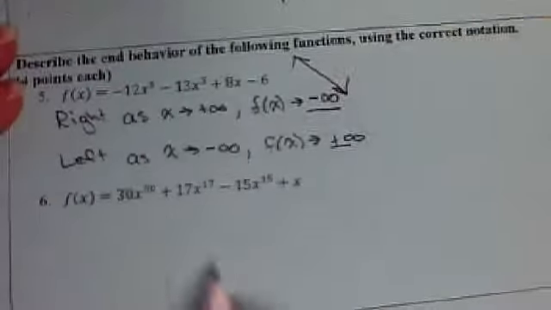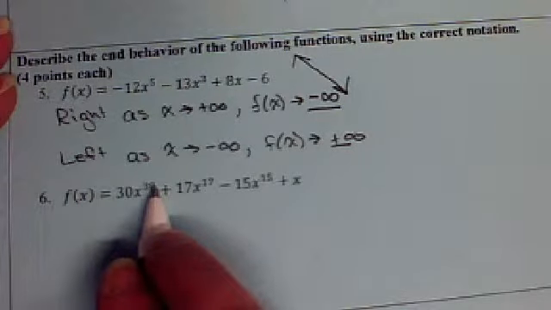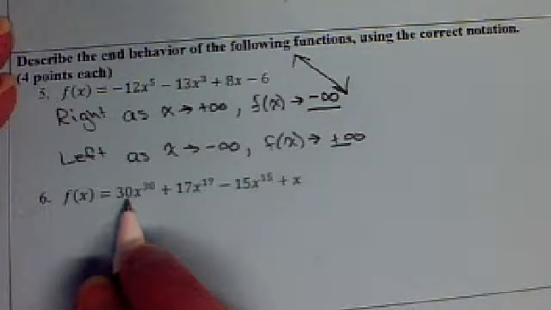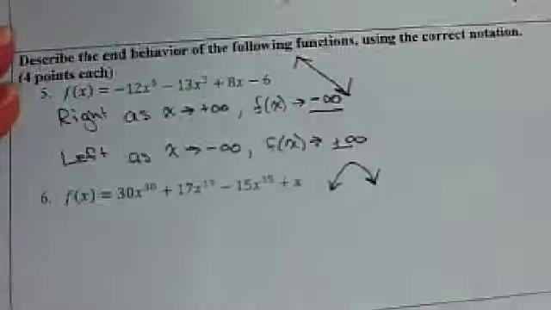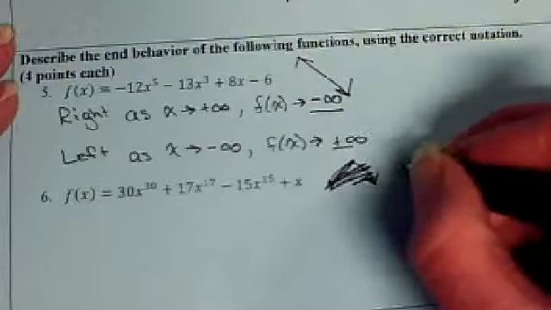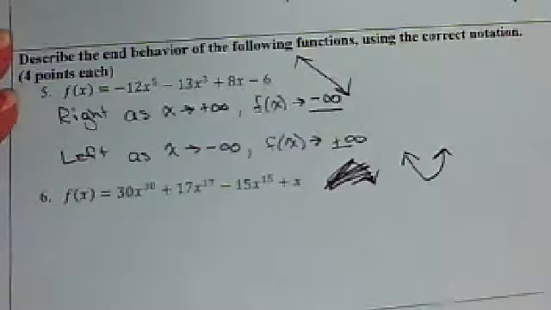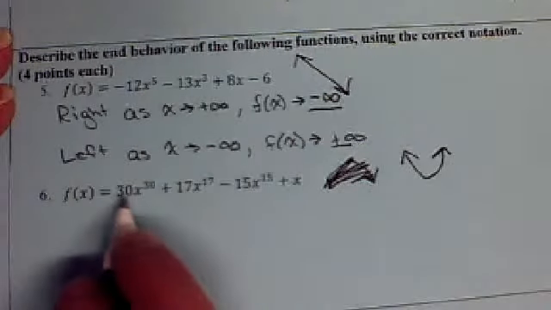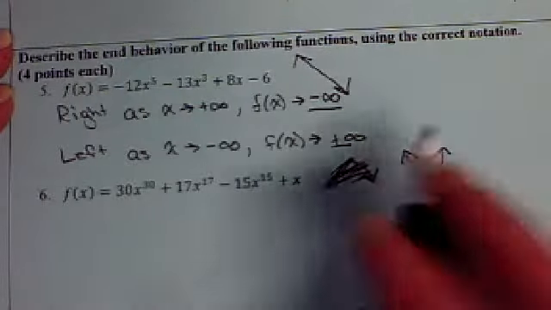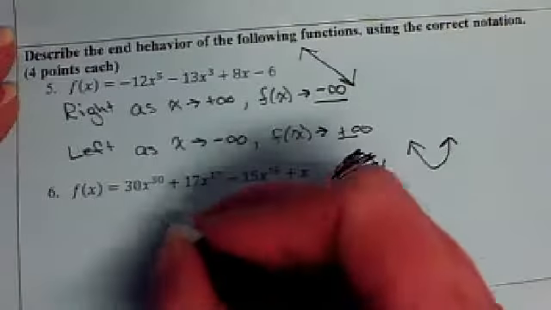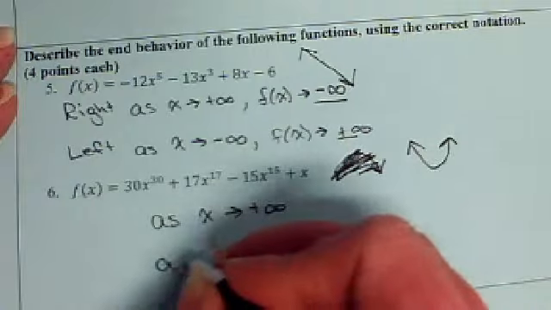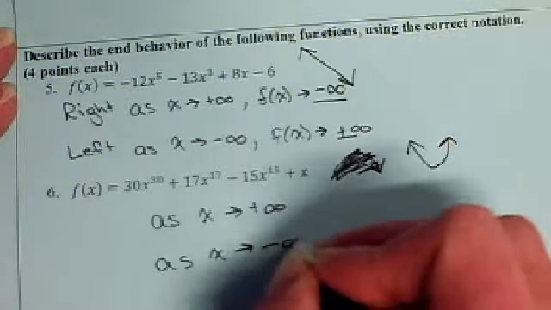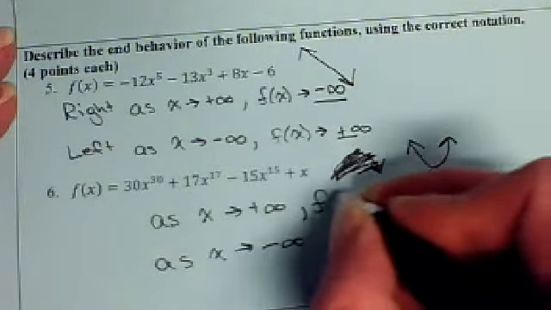This next one is even and it has a positive coefficient. It's going to go down. Oops, no it's not. Goes up and up, doesn't it? Positive, happy face, opens up and up. So both the right side and the left side are going to be going in the same direction.